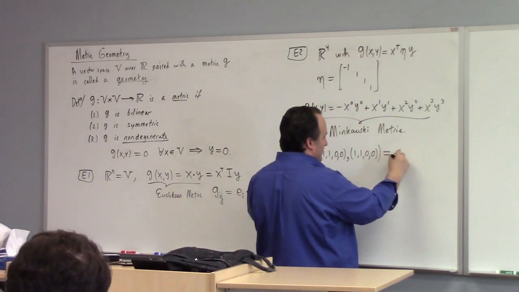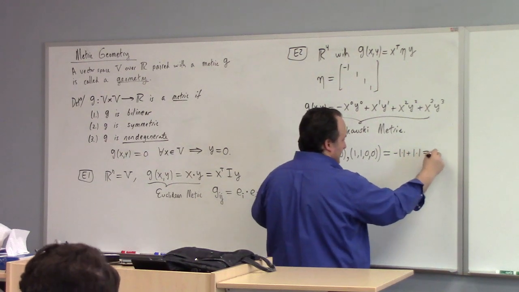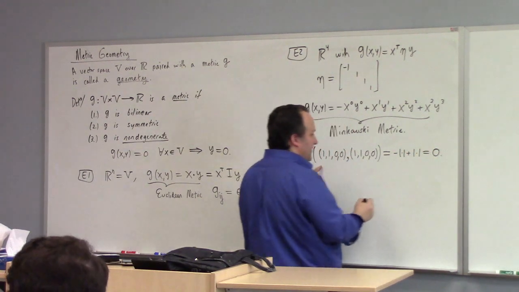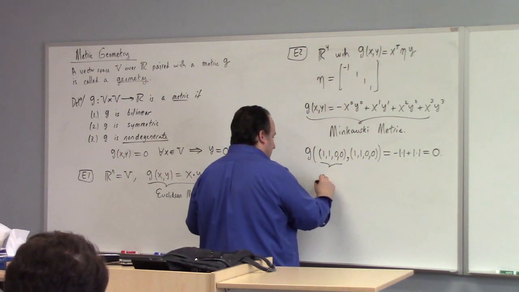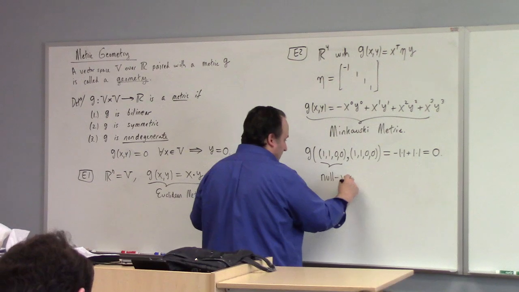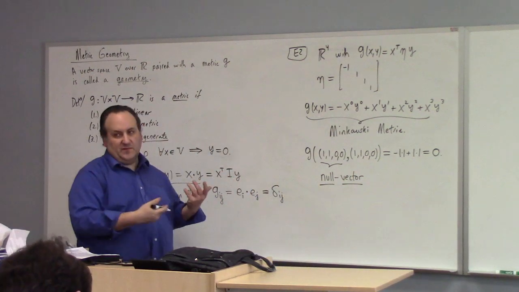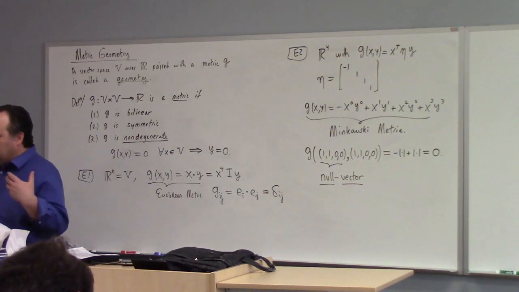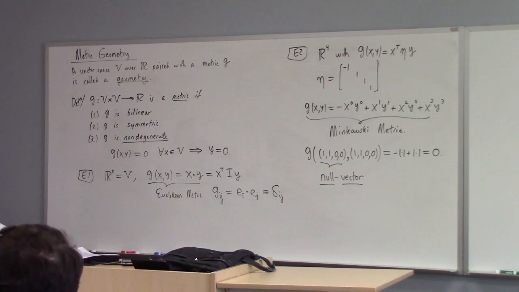We get minus 1 times 1 plus 1 times 1, also known as, Shane has pointed out, 0. So this is an example of what's called a null vector. A metric can have quote-unquote null vectors. A null vector is a vector whose metric with itself is 0, despite the fact that the vector is not 0.